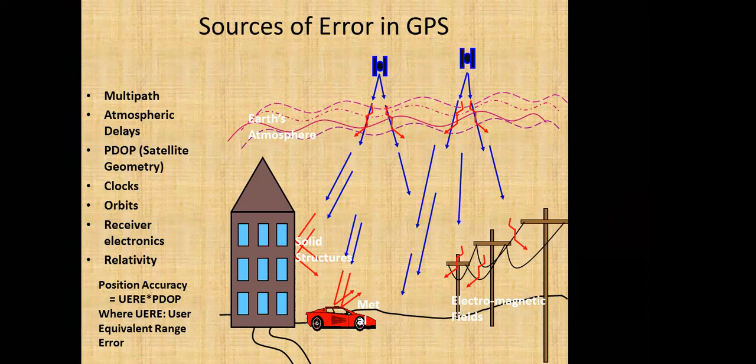Then the troposphere can also provide a certain delay, and there are different models, like the Saastamoinen model and the Hopfield model, to correct the tropospheric error. And then the signal comes to the receiver. The receiver itself has certain noise, because it has electronics, which also introduces noise.